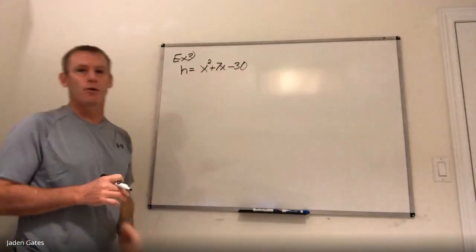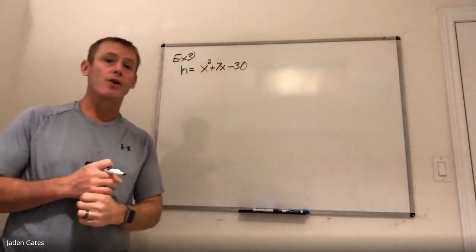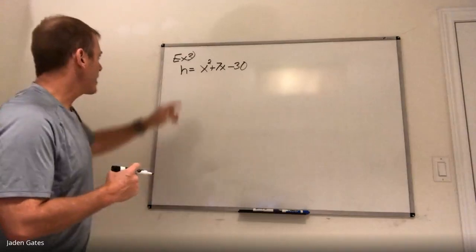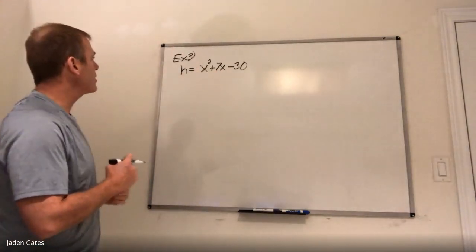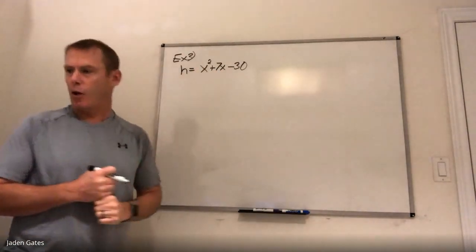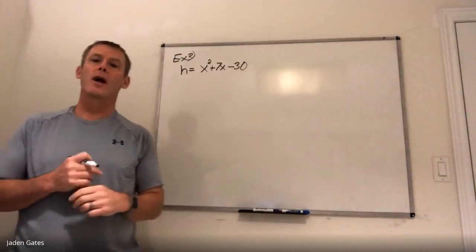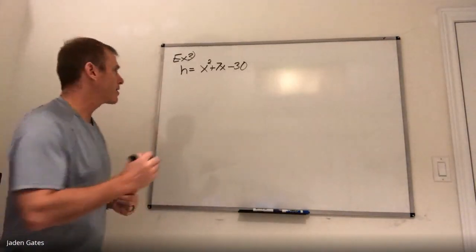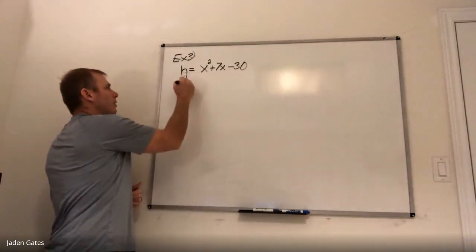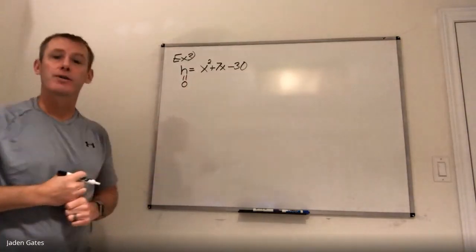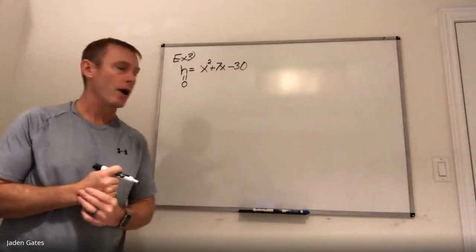And any time you are solving any equation in math, you got to know them all but one. And so because I have 2 of them, I know one of these, and I got to find the other one. And the question says here, at what time does the air balloon hit the ground? Secretly, that's telling you my h value is 0, because you have a height of 0 when you hit the ground.